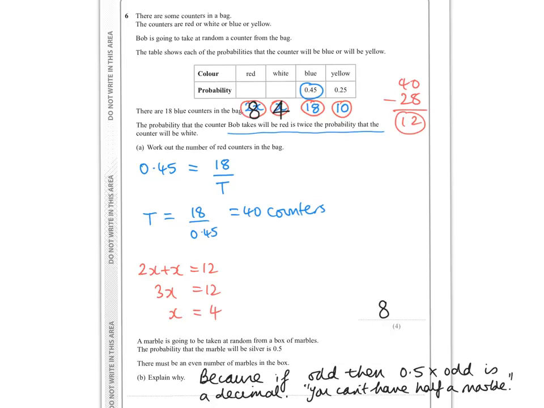So, you know, if 0.5 is multiplied by an odd number, it will never be a whole number. So for half a number to be an integer, that number must be even. Okay, so you can write your own explanation there, but that's mine.